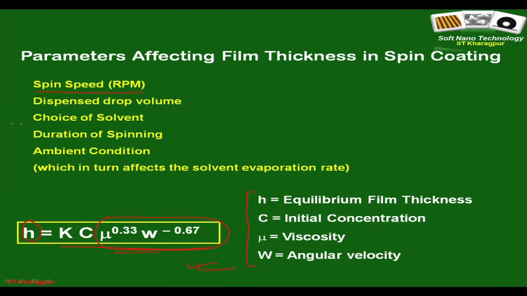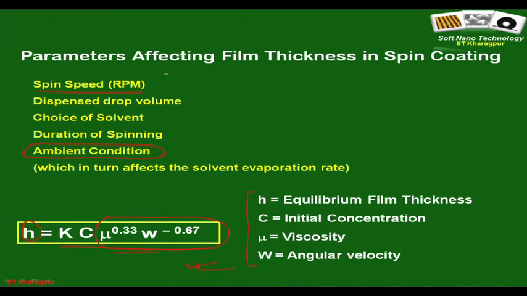And of course, the ambient condition, this in fact is often neglected, but is a very important parameter, because ultimately obtaining the film in spin coating depends on evaporation, because you are going to get the film of the solute, and for that, while the spinning process is going on, your solvent must evaporate away, and the rate of evaporation of the solvent depends significantly on the relative humidity.